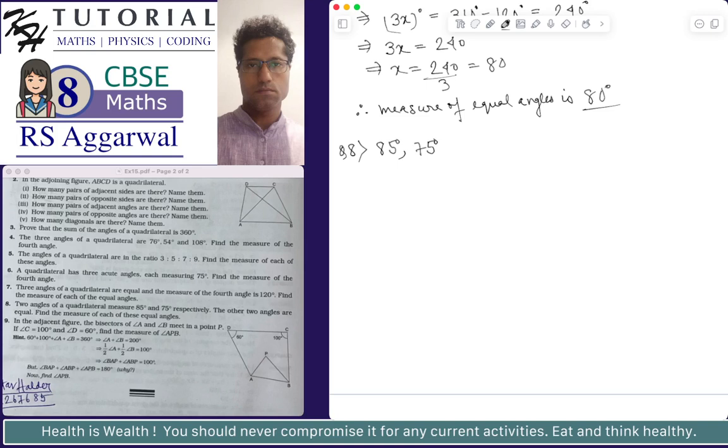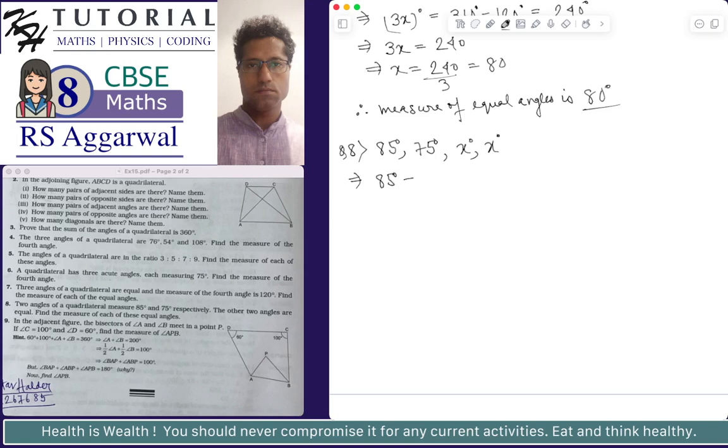Let the other two angles be x degrees and x degrees. Since the other two angles are equal, we assume the measure of each is x degrees. So the four angles of the quadrilateral are 85 degrees, 75 degrees, x degrees and x degrees. Now the sum should be equal to 360 degrees.